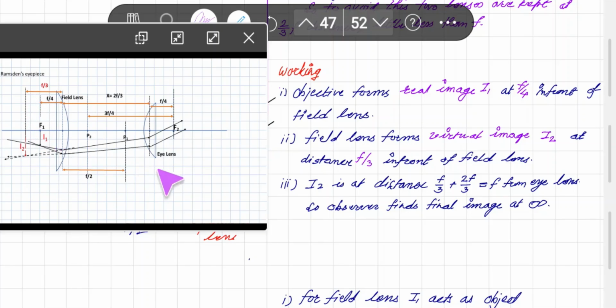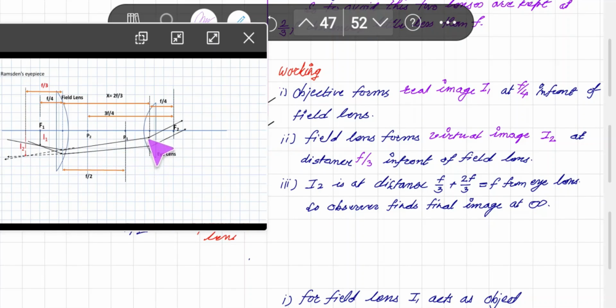So this is the object for the field lens, and this is the image for the field lens. Now the rays are incident on the eye lens; remember that for the eye lens, I2 is an object, as the rays appear to come from this point.